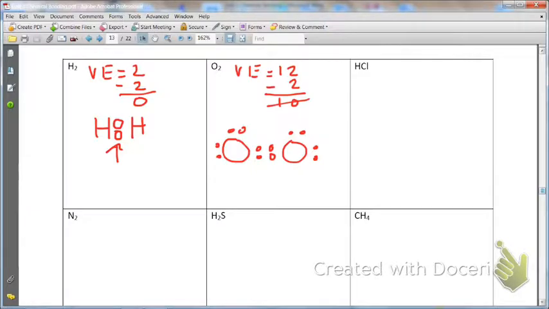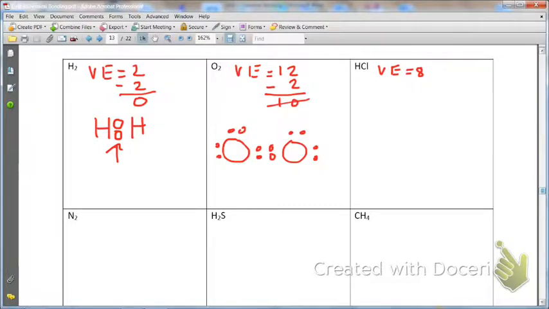Step 1 again says count up the total number of valence electrons. If we do that, chlorine has 7 and hydrogen has 1, so the valence electron number should be 8.